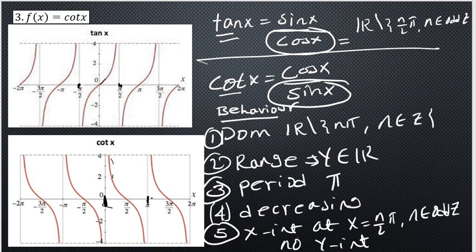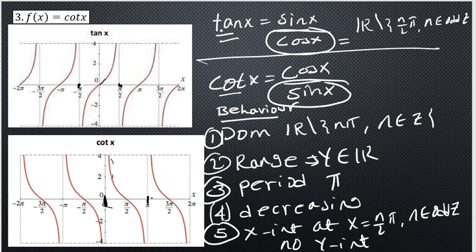So try to observe from the graphs of tangent and cotangent, there are some similarities. The range for both is the set of real numbers, and the period for both is pi. But the undefined points, or the asymptotes, or the excluded domain points, are different for tangent and cotangent.